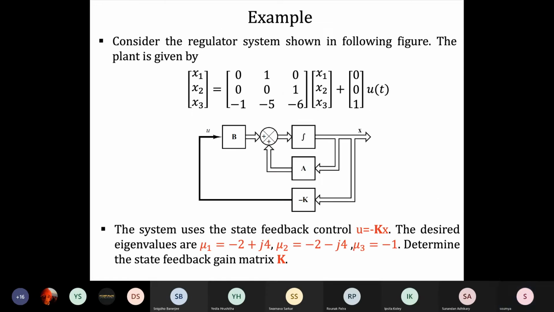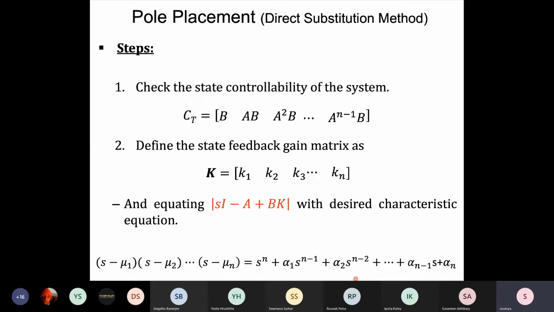Similarly, from the determinant of sI minus A plus BK, you are going to get another polynomial of the same order with the same number of terms, and by equating alpha 1 with the corresponding coefficient of s to the power n minus 1 in that equation, you get the value of alpha 1, similarly alpha 2, alpha 3, like that.